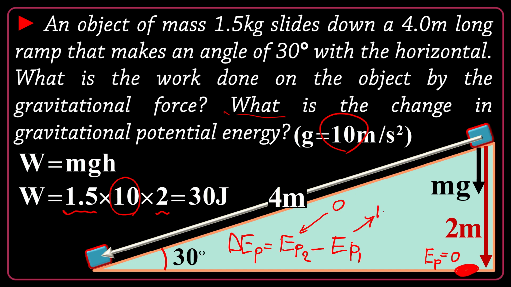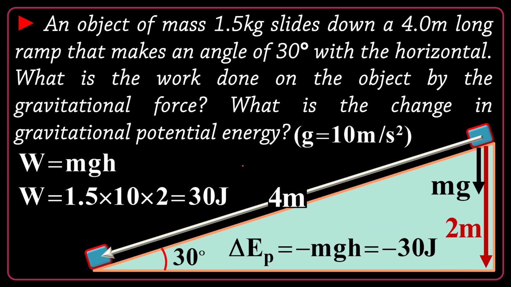EP1 is mgh, and the mgh has a value of 30 joules. So delta EP is going to be 0 minus mgh, negative 30 joules. The reason is when the object goes down, basically it's releasing potential energy. When you take it up, you are fighting against gravity, you are saving potential energy in the system. But when you release that, it's releasing potential energy. So change must be negative.